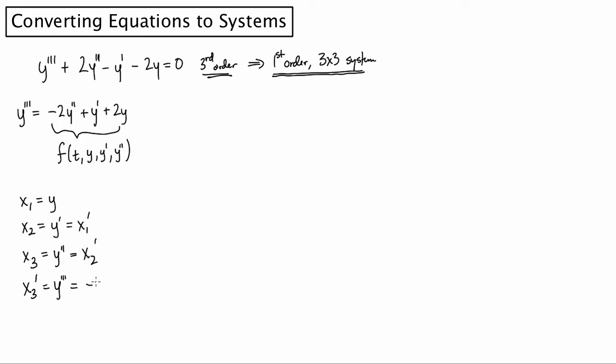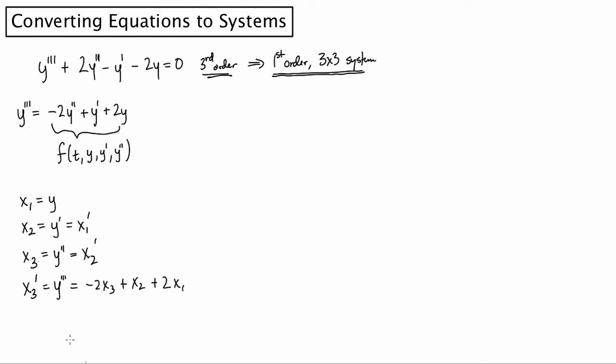For example, you would have minus 2, y double prime is x3, plus y prime, which is x2, plus 2y, but y is x1.